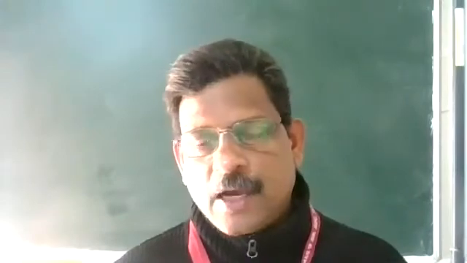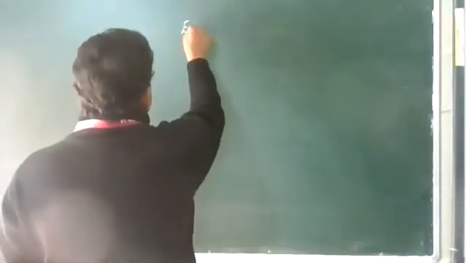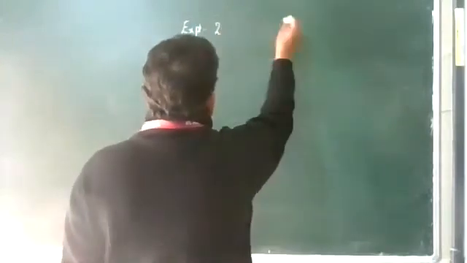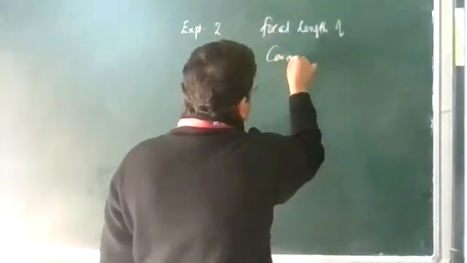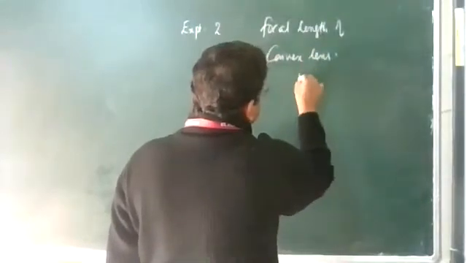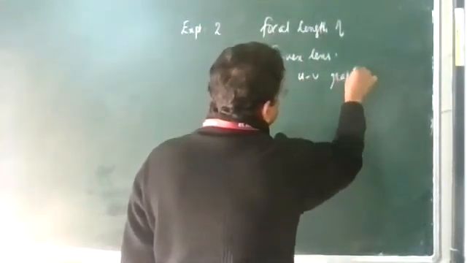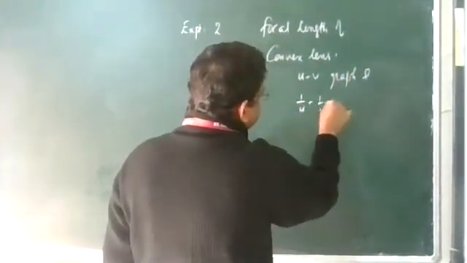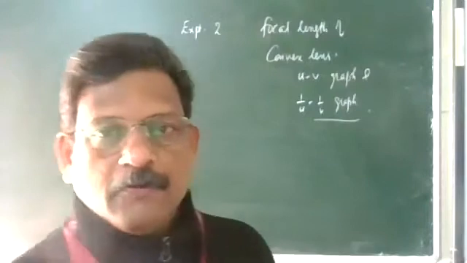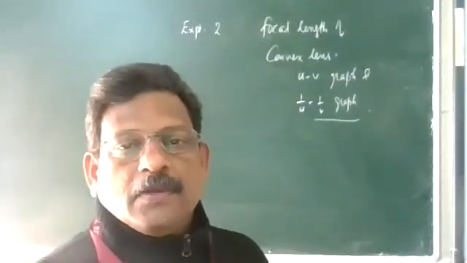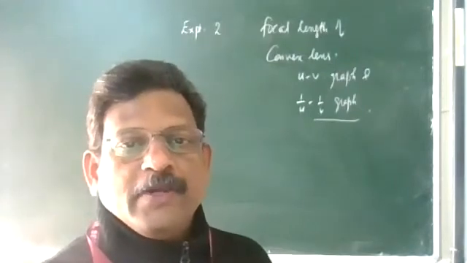Find the focal length of a convex lens by plotting the u-v graph and the 1/u, 1/v graph.